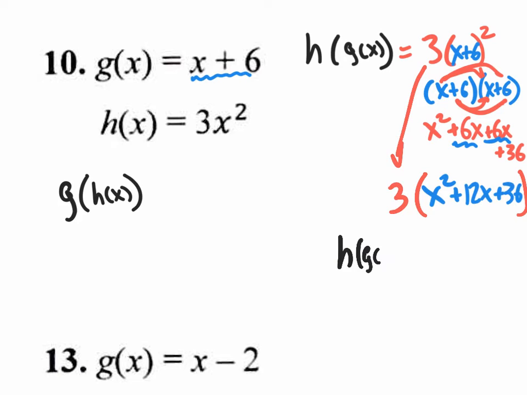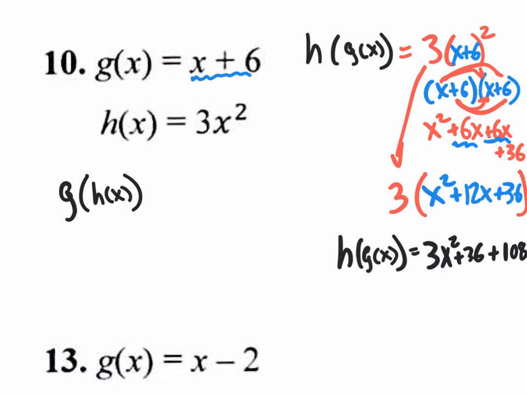H of g of x is really 3x squared plus 36x plus, I don't know what that's going to be. That's going to be 100, no, 200 and, anybody have an answer for that? 208? 108? Yeah, why am I saying 208? 108.